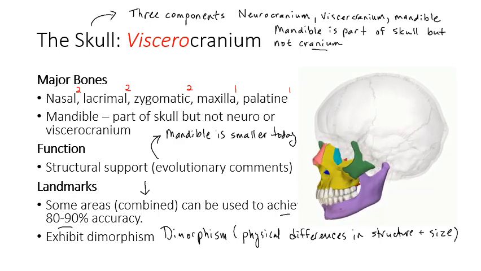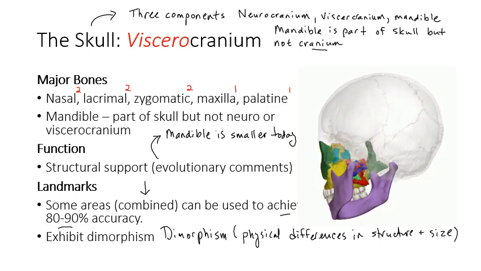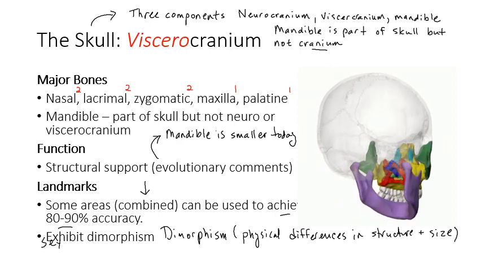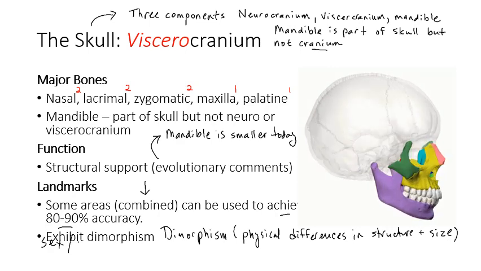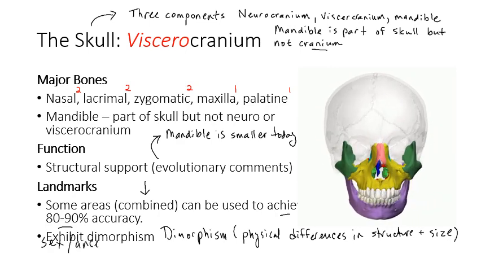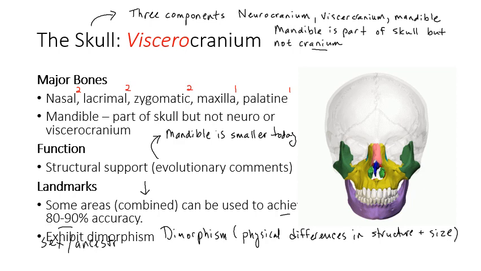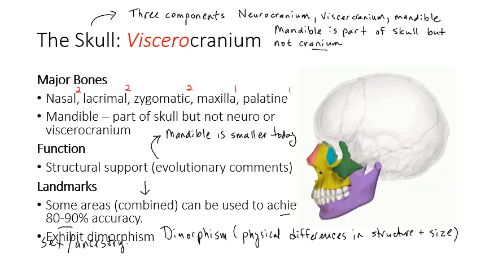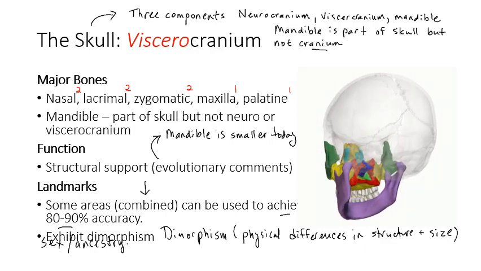Dimorphism, physical differences in structure and size, allows us to eventually make that estimation about sex in some situations. Other things that we can use it for would also be ancestry. And as we get further along in our lectures on human osteology, I'll point those out.